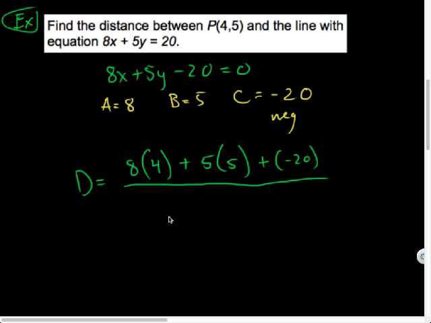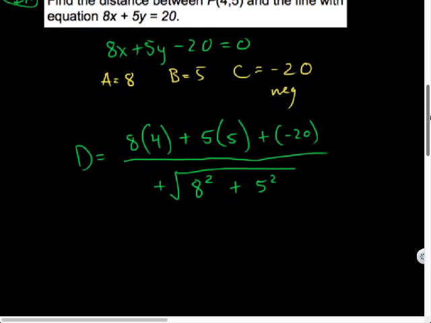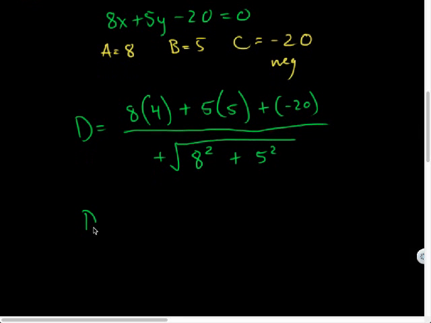Now, is my square root in the denominator positive or negative? Positive, because it's the opposite of the sign of c. And I'll have a squared, which is 8, plus b squared, which is 5. Now all I have to do is simplify this.